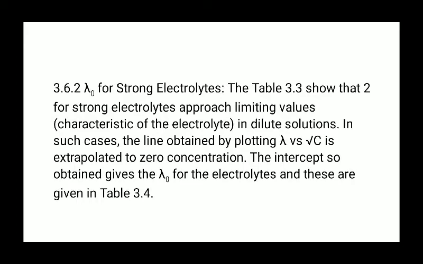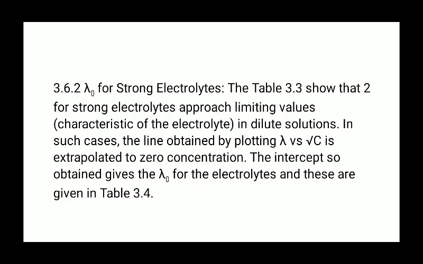Lambda 0 for a strong electrolyte. The lambda for a strong electrolyte approaches a limiting value characteristic of the electrolyte in dilute solution. In such cases, the line obtained by plotting lambda versus root of C is extrapolated to zero concentration.